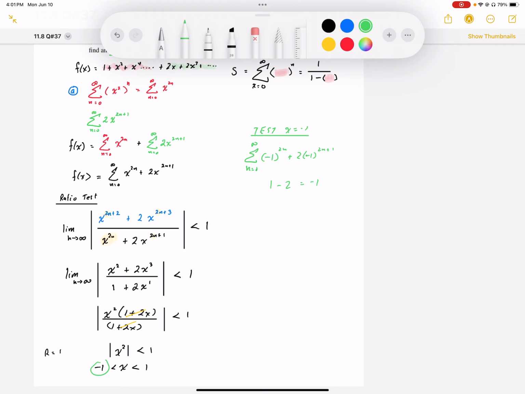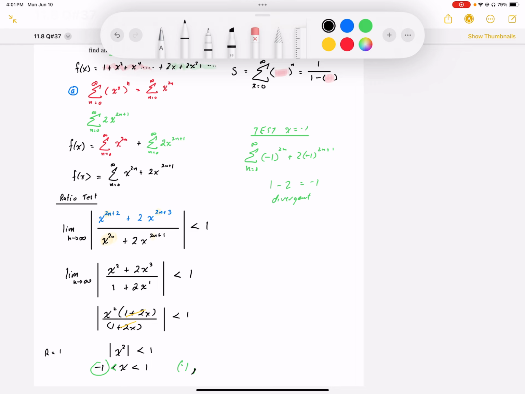Every term is going to be equal to -1. So it does not pass the nth term test, so this is divergent. I've just tested the last term. The nth term is not going to go to 0. Every term is going to be 1 minus 2, which is -1, so it's just going to be -1, -1, -1. That just means it is less than, so I've got an open interval at -1.